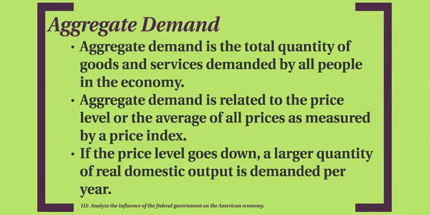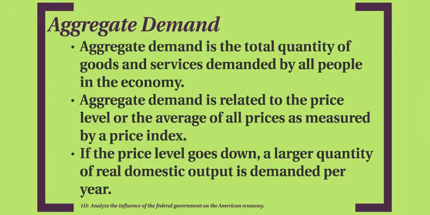So let's look at aggregate demand. Aggregate demand is the total quantity of goods and services demanded by all people in the economy. So unlike demand for a specific product, we're looking at the economy as a whole. What is the demand for all goods and services combined?